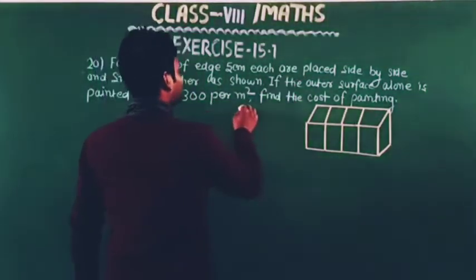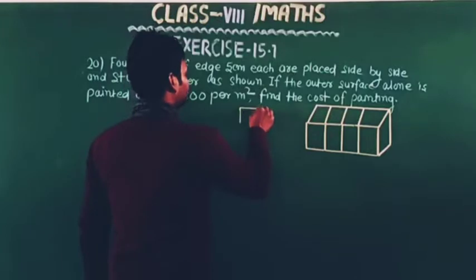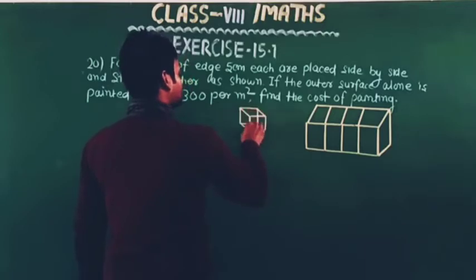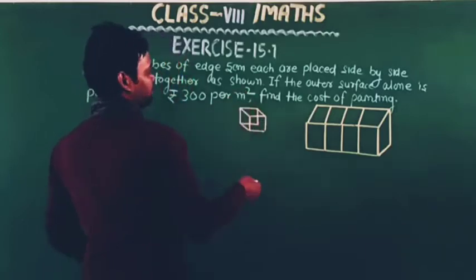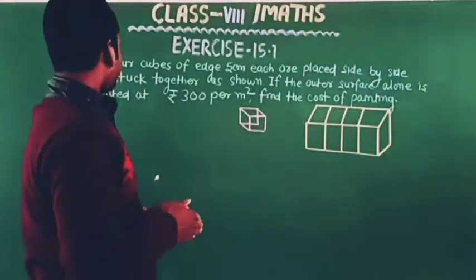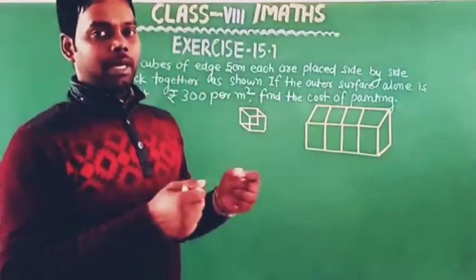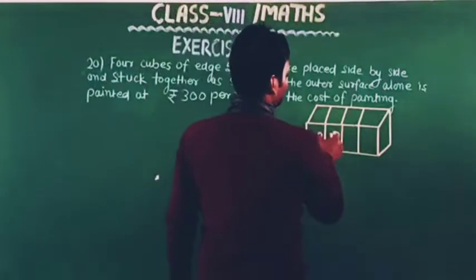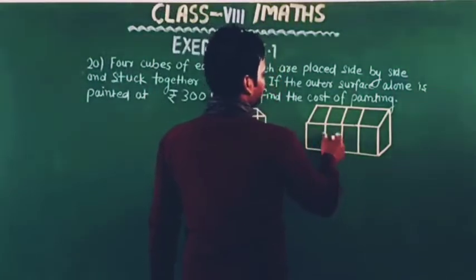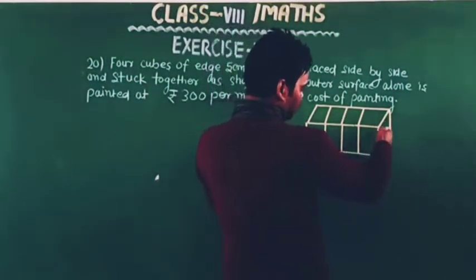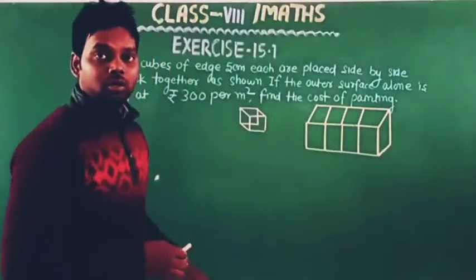So we have a cube of base 5 cm, and there are 4 cubes of such type joined end to end to form a figure like this.